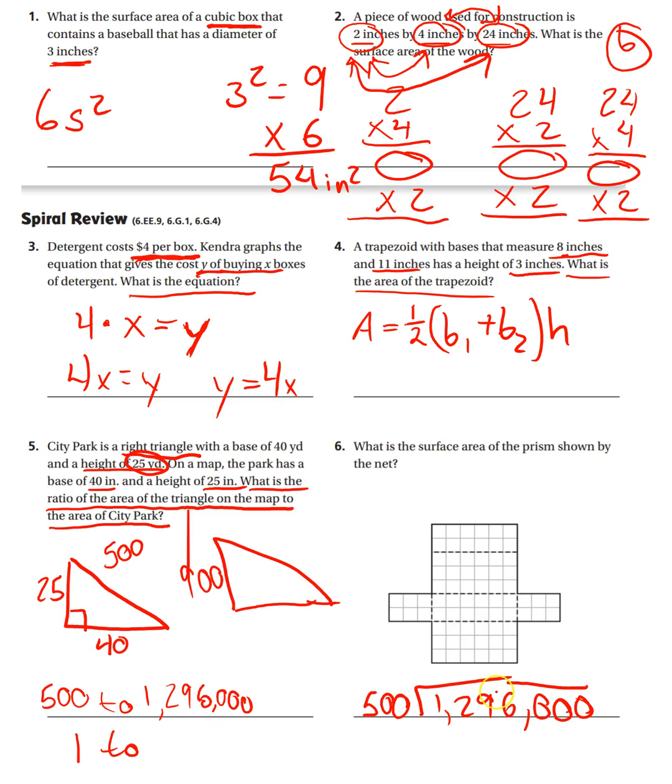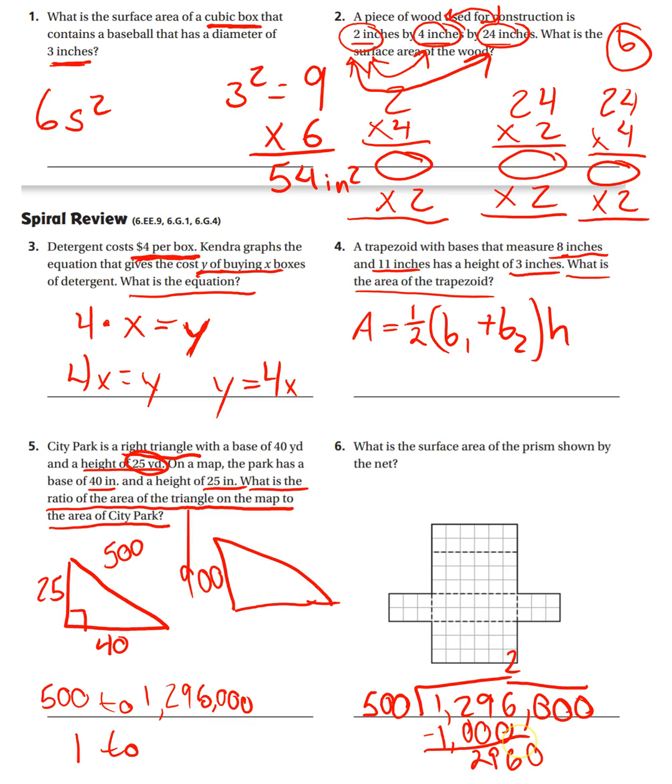Okay. 500 goes into 1,296 2 times. That's 1,000. 296. Bring down the 0.